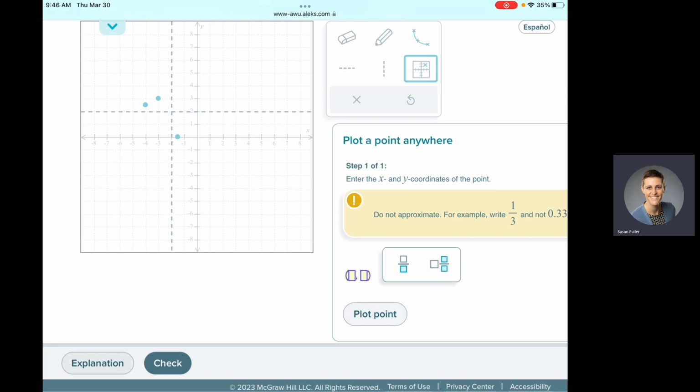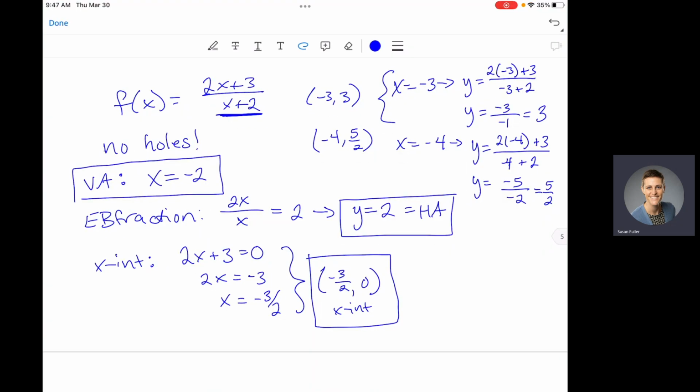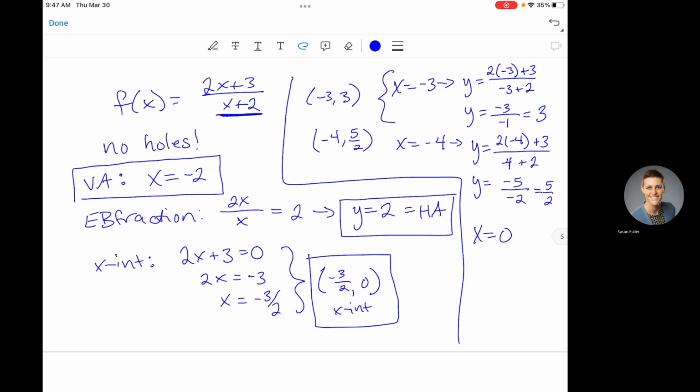We also need an extra point on the right side of my vertical asymptote because we need 2 points on either side. So I'm going to plug in x equals 0 to my function. All right, guys, I'm running out of space here. So let's just say x equals 0.